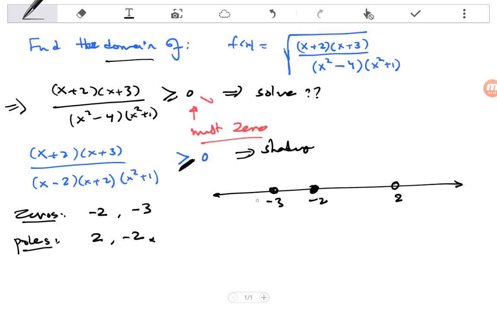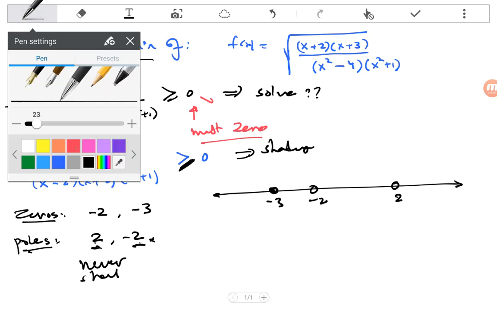No, -3 only. Negative 3 only, not negative 2. Why? Because 2 and negative 2 are poles, and poles are never shaded. So I can never shade 2 or negative 2, even if they are with the zeros. Okay? So I have all these points.